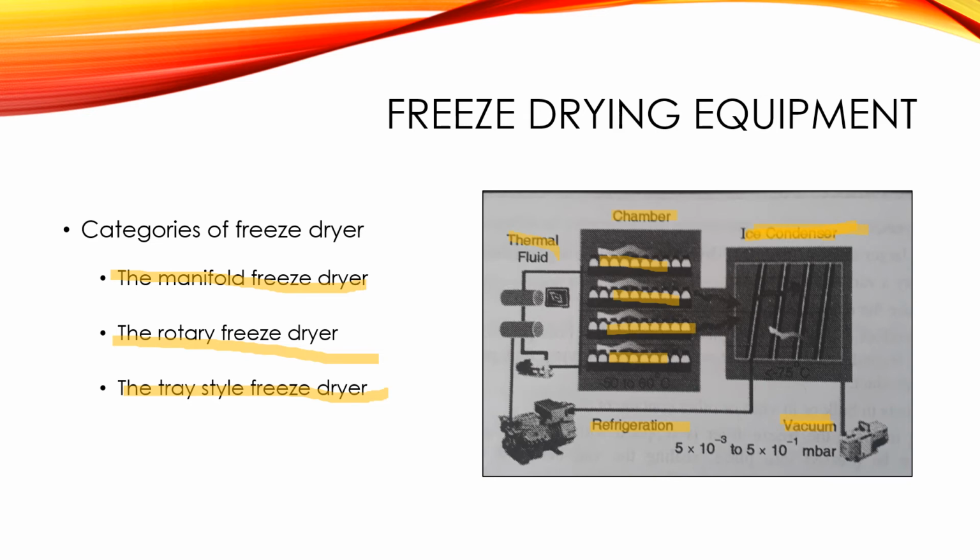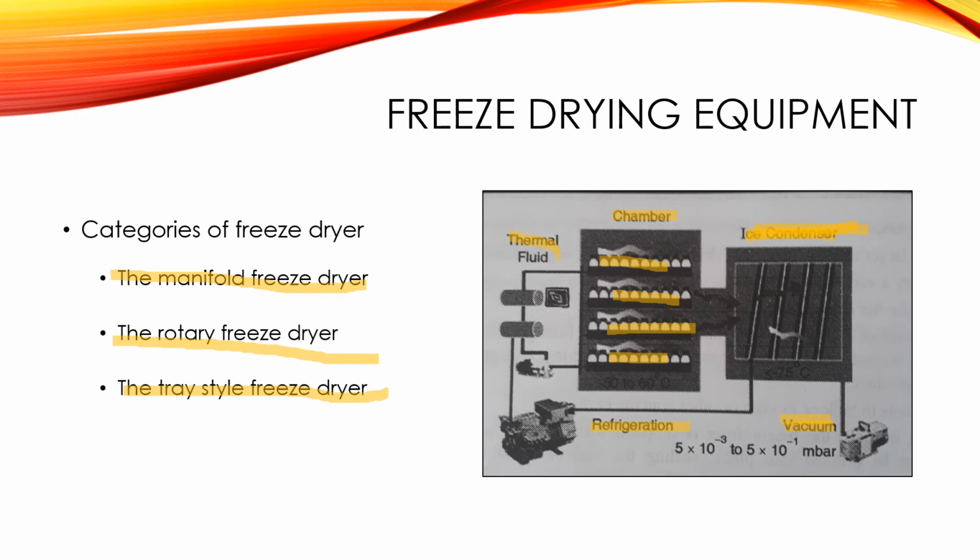And the last one is very popular and widely used in industry. These usually have a rectangular reservoir with shelves on which a product such as pharmaceutical solutions and tissue extracts can be placed in different trays, vials and other containers.